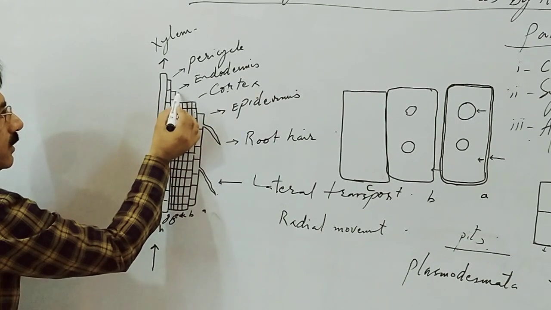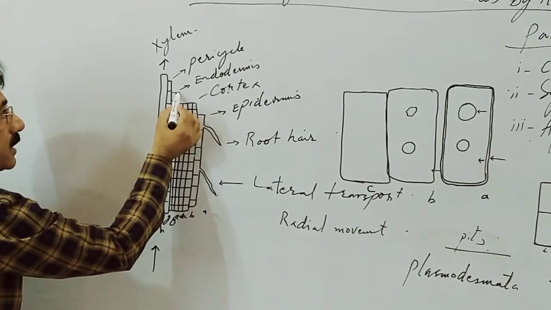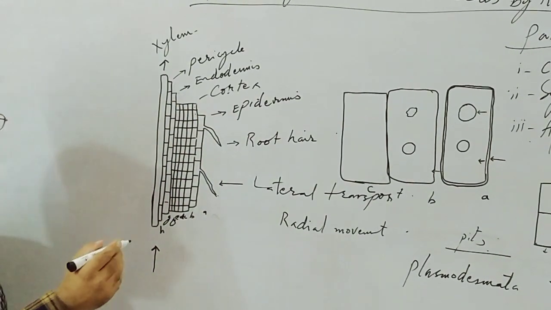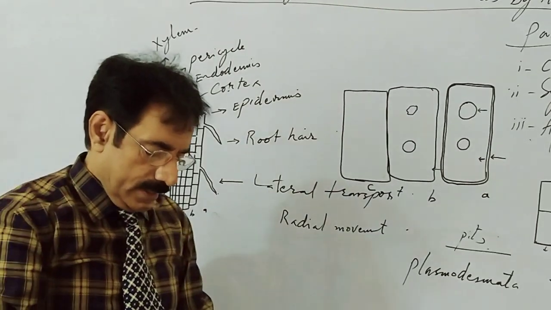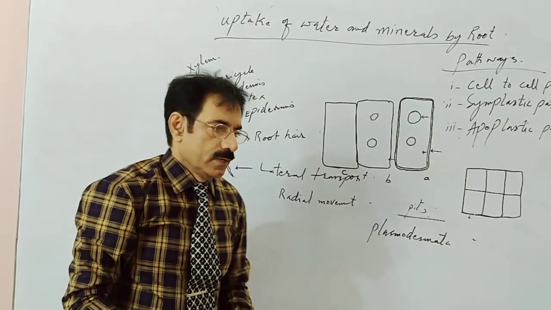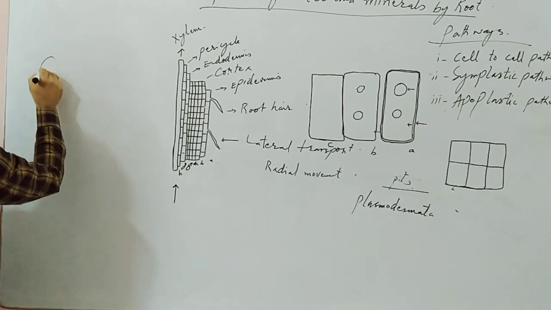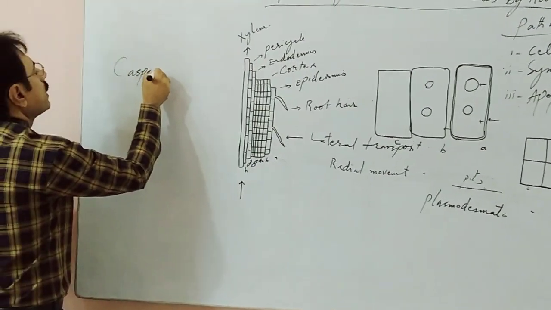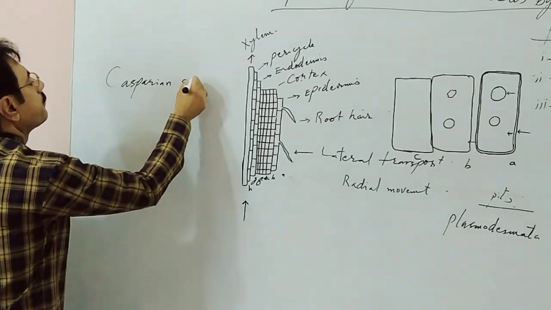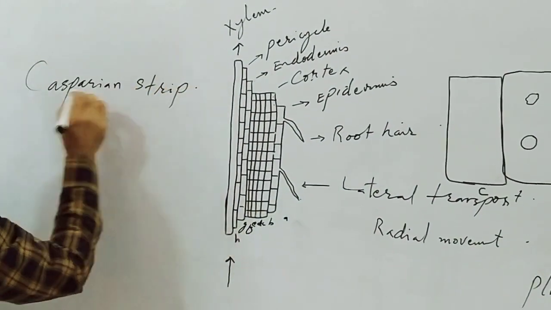Inner to the cortex there is the endodermis, and the endodermal cells keep on producing a lipid compound. That lipid layer is called the Casparian strip.